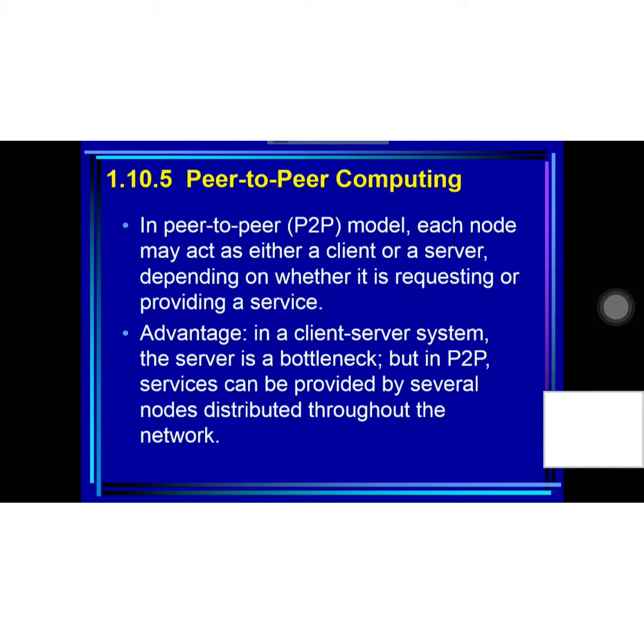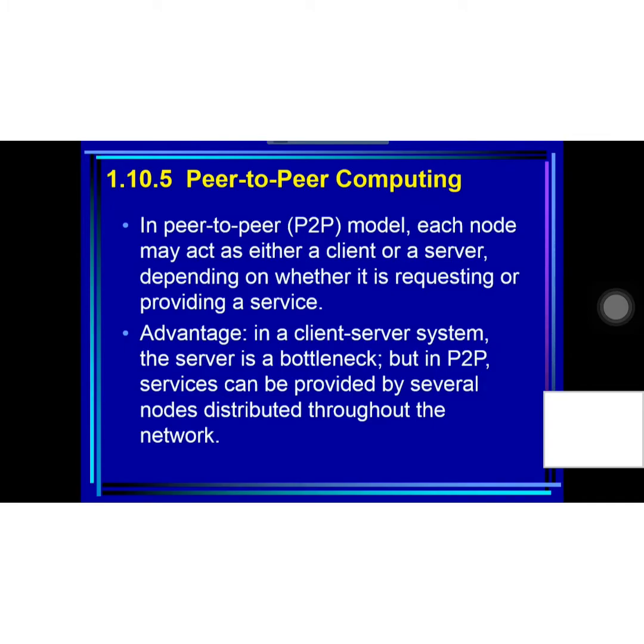Peer-to-peer computing. Another structure for a distributed system is the peer-to-peer system model. In this model, clients and servers are not distinguished from one another. Instead, all nodes within the system are considered peers, and each may act as either a client or a server, depending on whether it is requesting or providing a service.